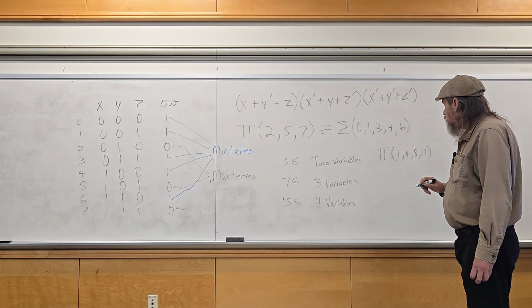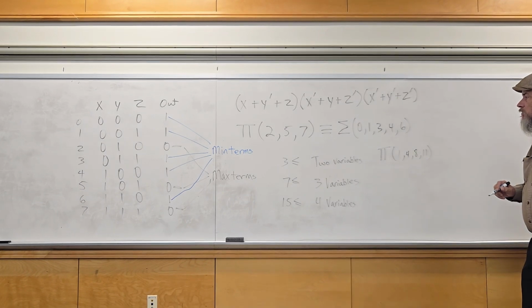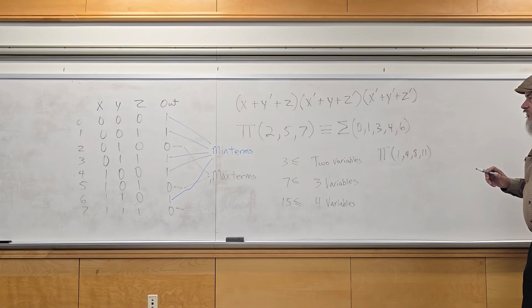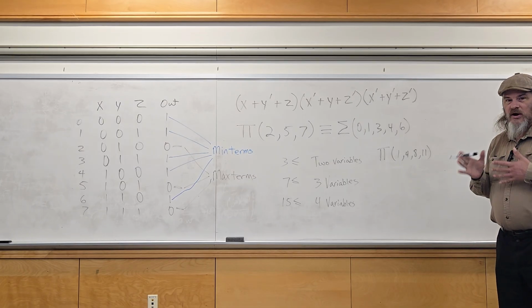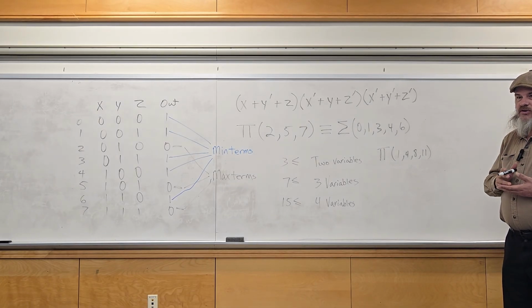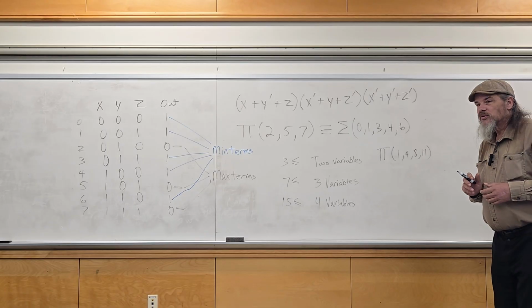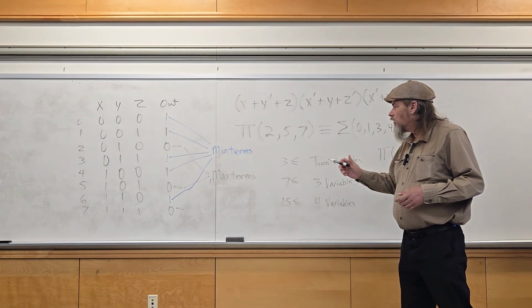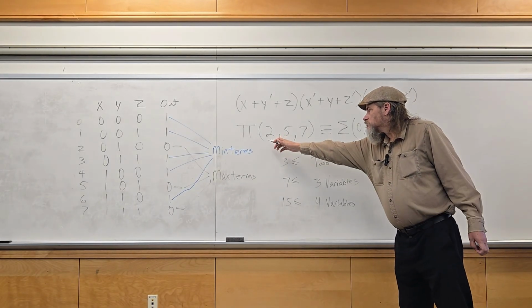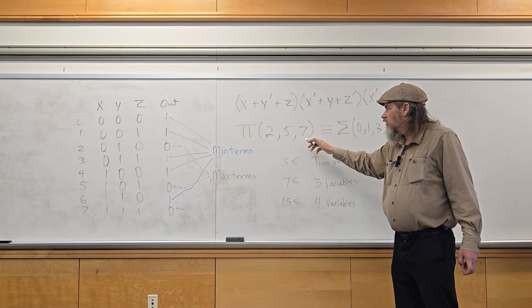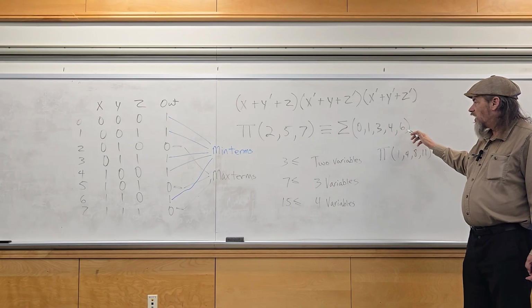If you are given, without any direction as to whether you should be in max term form or min term form, go with whichever one has fewer terms. This one has 3 terms. This one has 5.